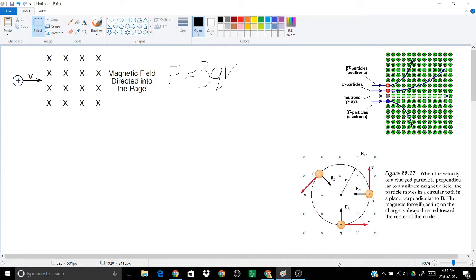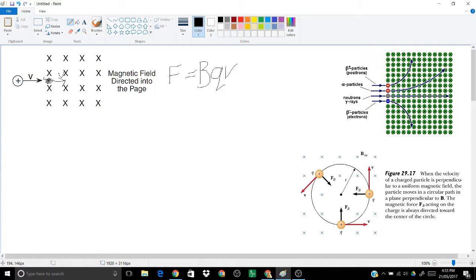All right. Now, the motion of the charge: from your right-hand palm rule, the direction of force. If I just draw a little charge entering here, initially its velocity is moving to the right.